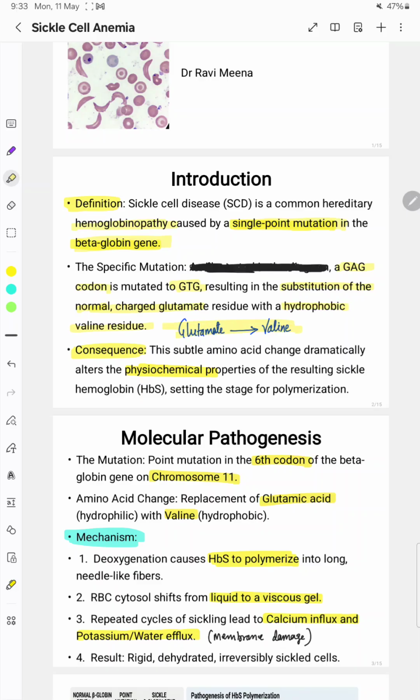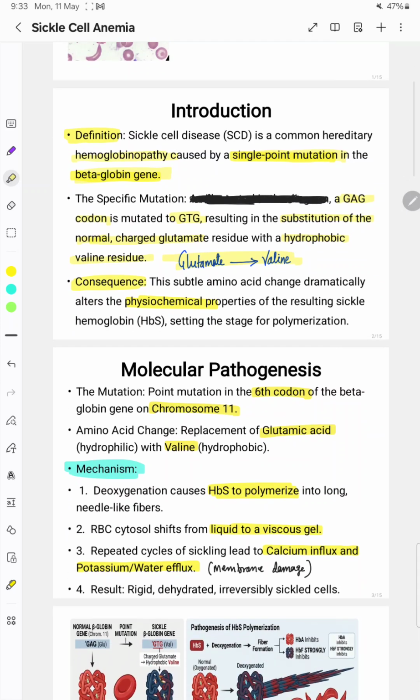Glutamate is replaced by valine. As a consequence, the subtle amino acid change dramatically alters the physiochemical properties of the resulting sickle hemoglobin, setting the stage for polymerization.